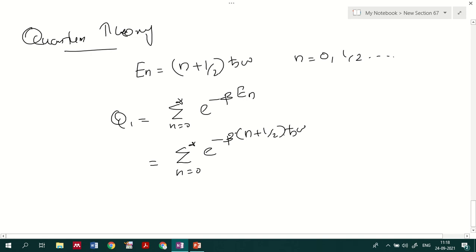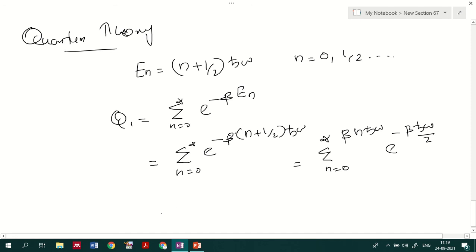Okay, so this is how we'll be representing that. Now I can represent the sum from n equal to 0 to infinity; this I can separate out, that is e raised to minus beta (n h cross omega plus h cross omega by 2).